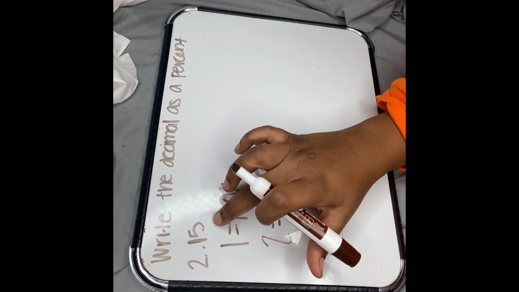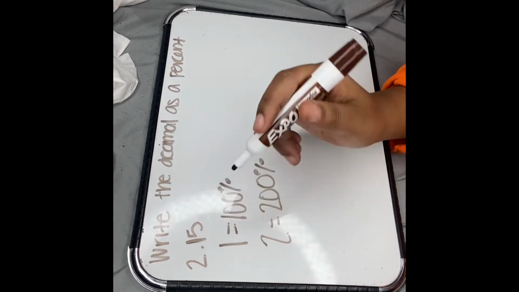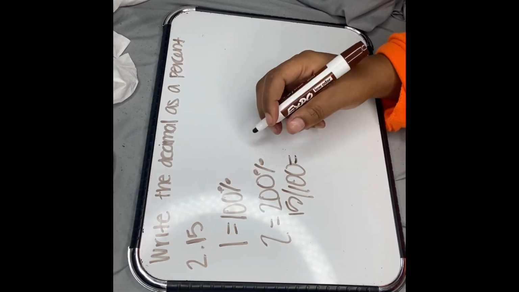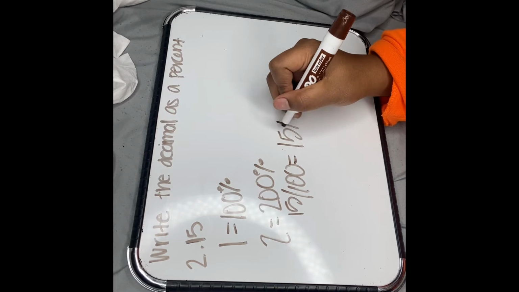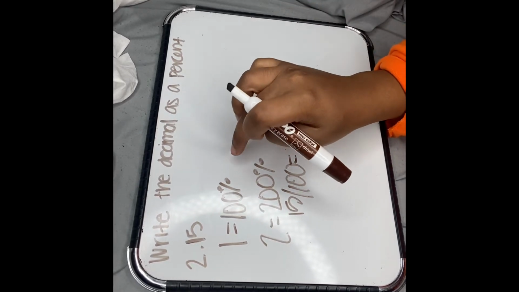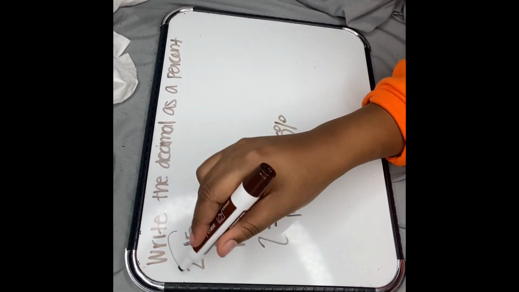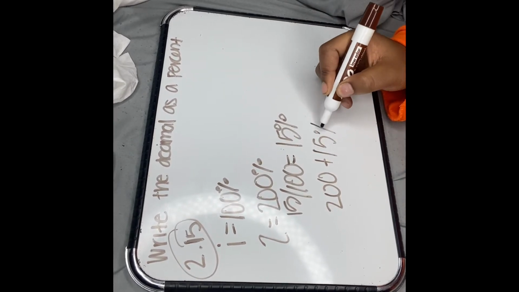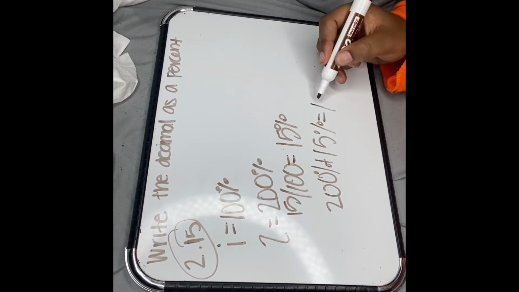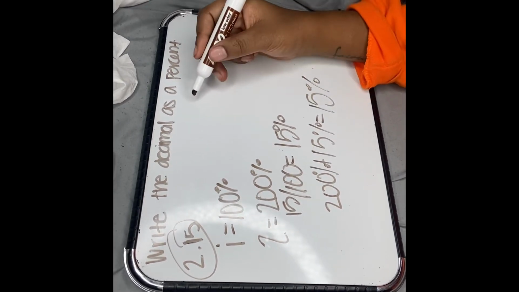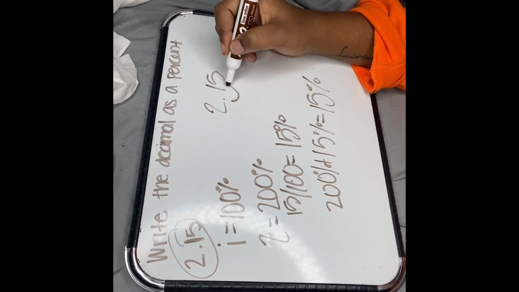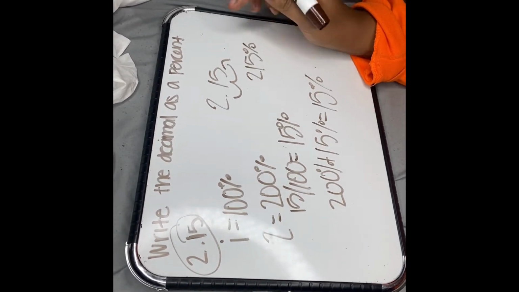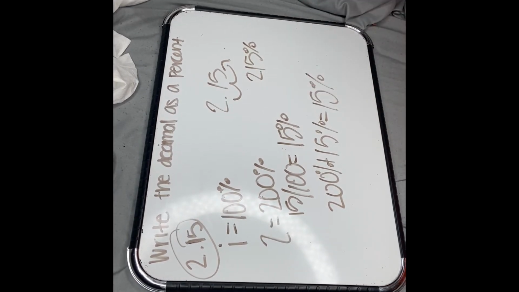So to find that, you know that 15 out of 100, since it's in the 100 place, gives you 15%. You can add this whole number together, 200 plus 15%, which gives us 215%. Or you can simply move the decimal spot over 2, like we talked about before, which also gives us a total of 215%.